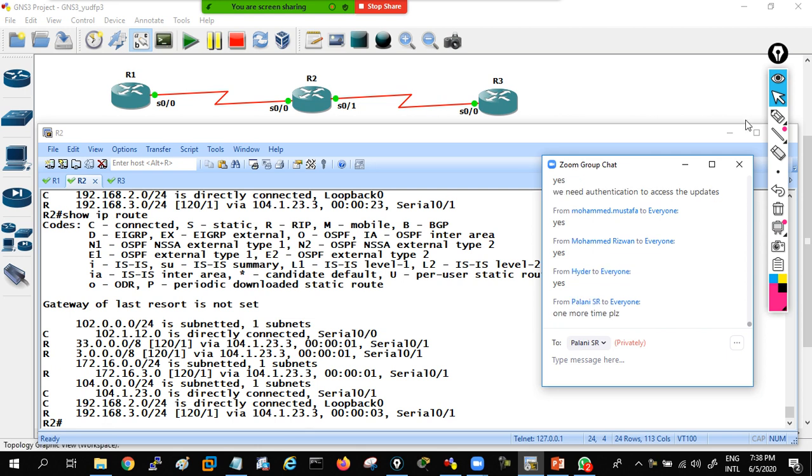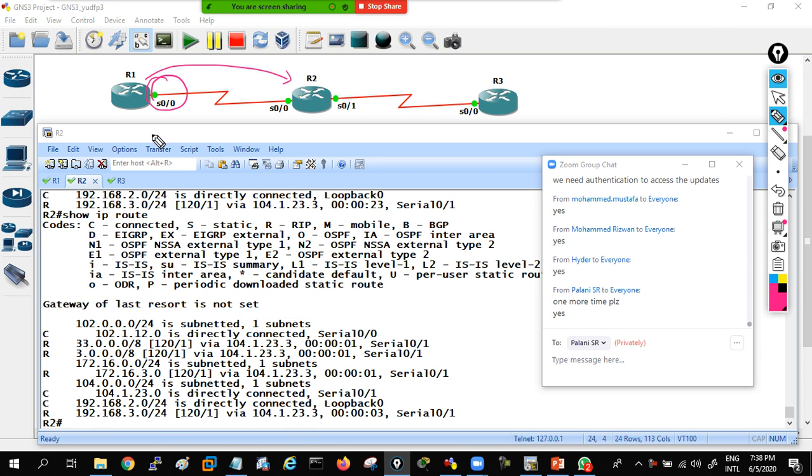If you see here, what I did is, through this interface, the updates are sent to router 2. Agree, Palani? Say yes or no. Through this interface, the updates are going to router 2, right? So on this interface in router 1, you enabled authentication.